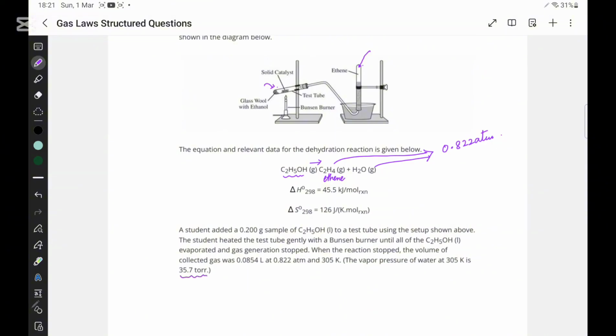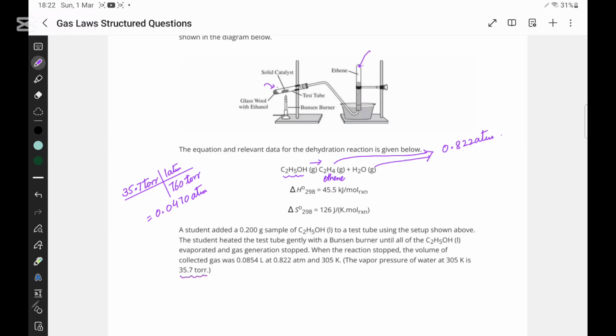So first let's convert 35.7 torr into atm. So 35.7 torr, that is what we need to do. 1 atm contains 760 torr. So that is going to be 0.0470 atm.